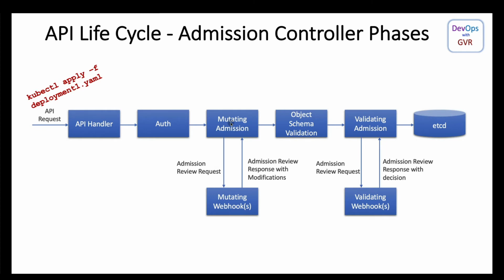Mutable: say whenever you watch TV, you can mute the voice, then you can unmute. Whenever you want, you can mute it, unmute it. Similarly, with an admission controller, what the mutating admission controller does is, if you define a customized mutating admission controller, it will do the modifications before storing into etcd.